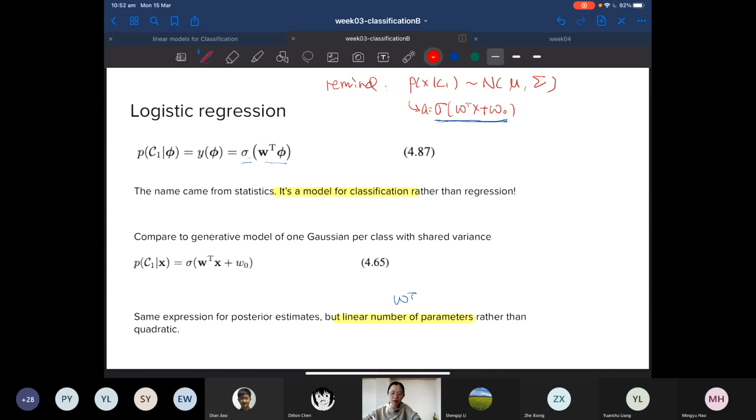In the Gaussian case, we were learning mu1, mu2, and sigma, and pi, and 1 minus pi is the same, so we don't need to write that. So in the Gaussian case, we're learning these parameters. Moreover, mu1 and mu2 are linear in D.